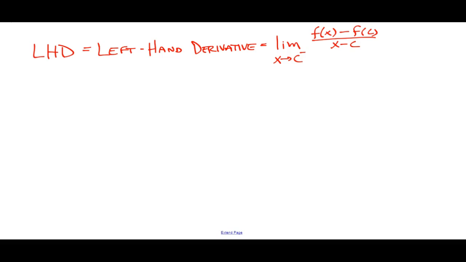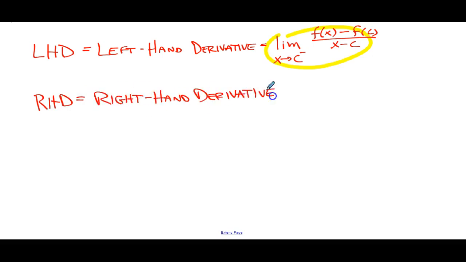Again, this is that alternate form of f prime of c, but now I'm just looking at it as a left-hand side. I'm also going to refer to RHD, which will be our right-hand derivative, and that is equal to the limit from the other side as x approaches c from the right.